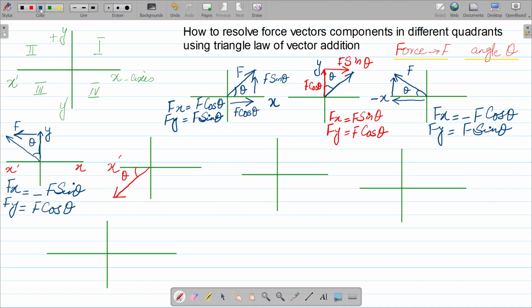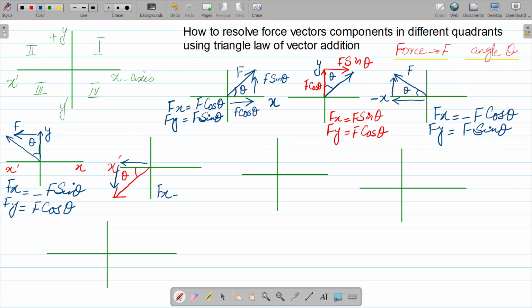If we resolve it, the horizontal component will be along the negative x-axis, and there will be one component along the negative y-axis. So how will we write the components?